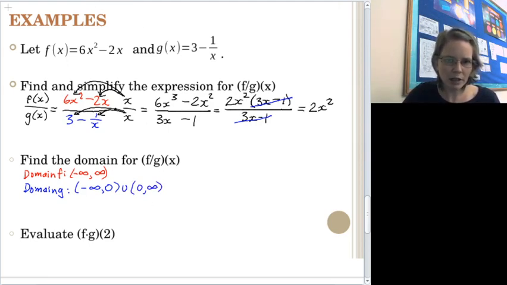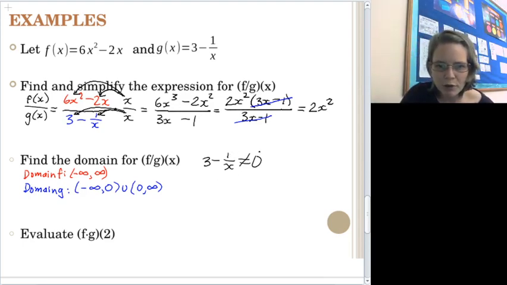Not only do we need to care about the domain of g, but all of g together is not allowed to equal 0. So 3 minus 1 over x is not allowed to equal 0, because that's the denominator for our new function. So we need to solve this for x. If we move this 1 over x to the other side, we've got 3 is not equal to 1 over x.